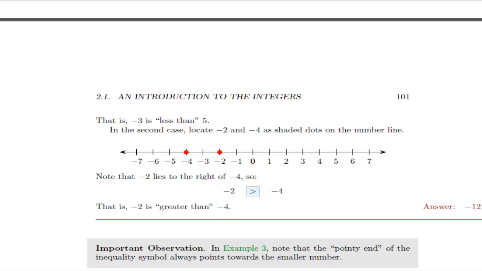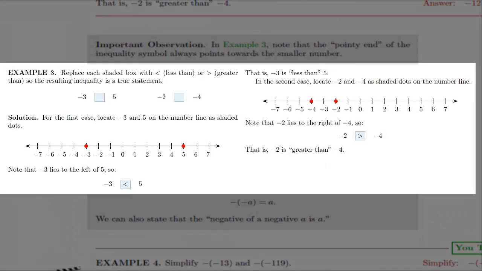In the second case, locate -2 and -4 as shaded dots on the number line. Note that -2 lies to the right of -4, so -2 > -4. Important observation. In Example 3, note that the pointy end of the inequality symbol always points towards the smaller number.